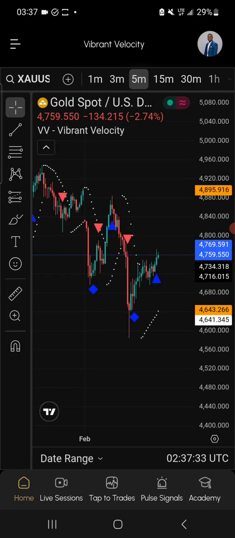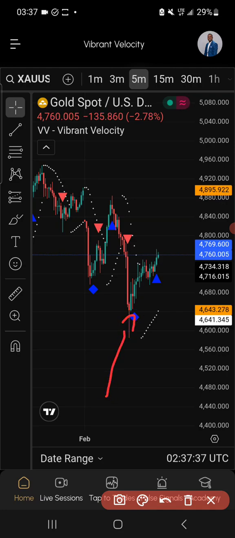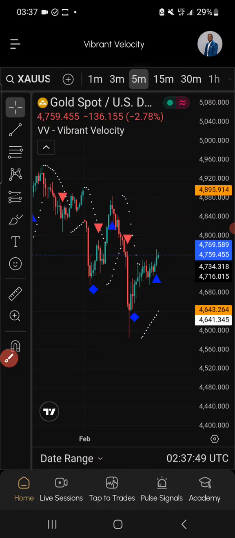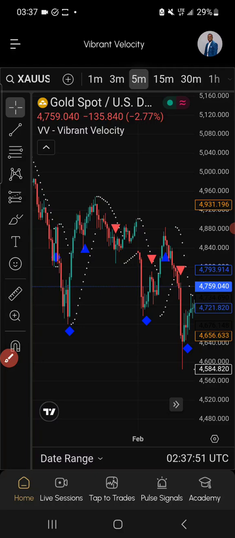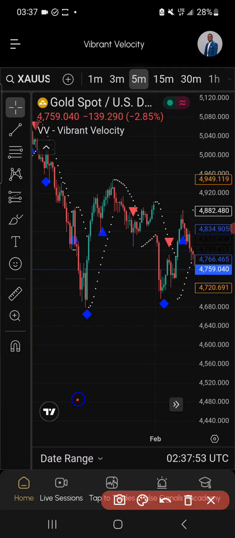So here you see that we had a perfect entry, and that was like 400, 500 pips. Here again at the white dot, it gave us another huge move to the upside, like 400, 500, 600 pips. Okay, let's see, do we have any other? Okay, so this was another trade opportunity.